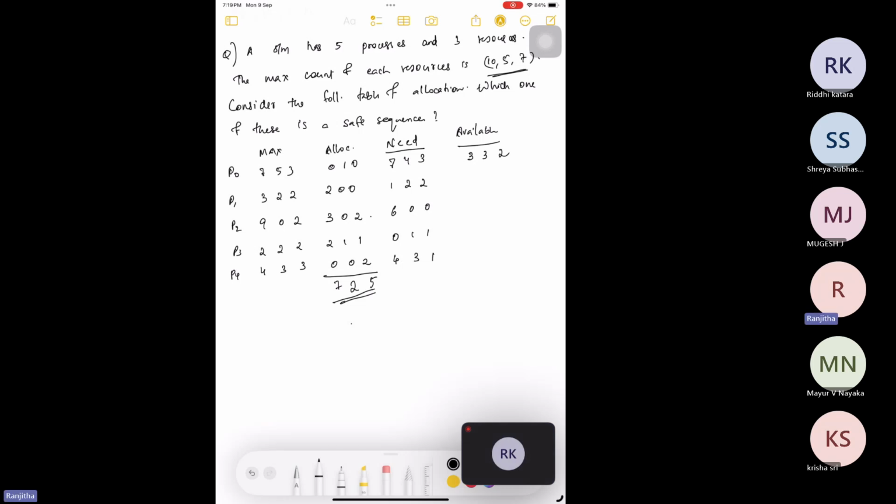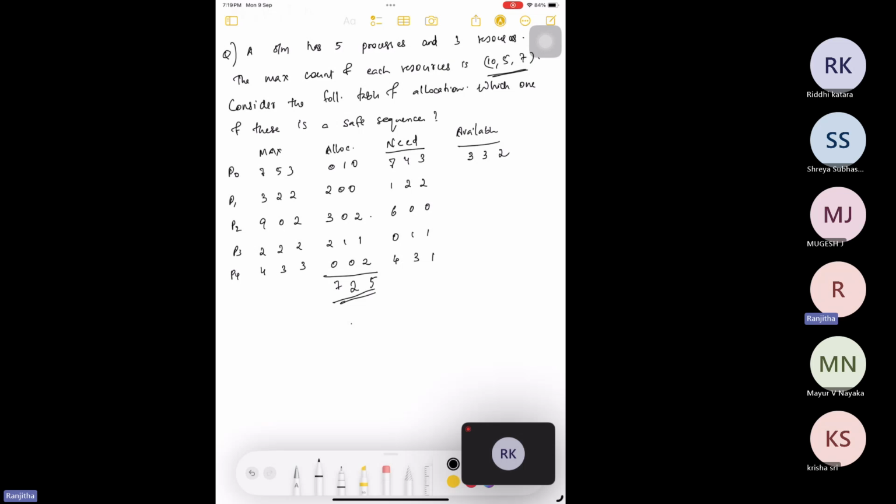Okay. So now we have 3, 3, 2. Correct. So of this, which one can we allot now? Can P1 be executed?